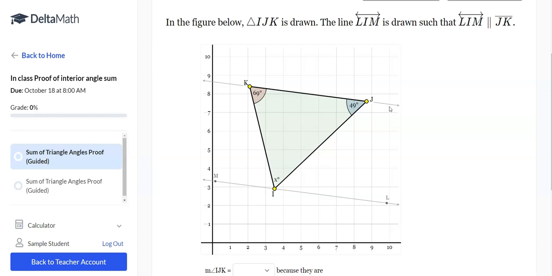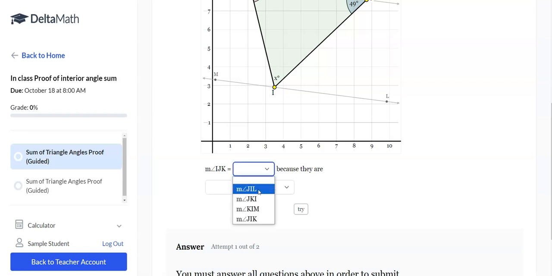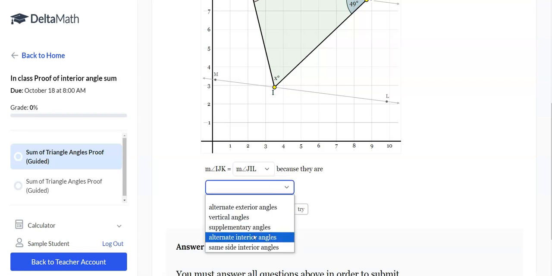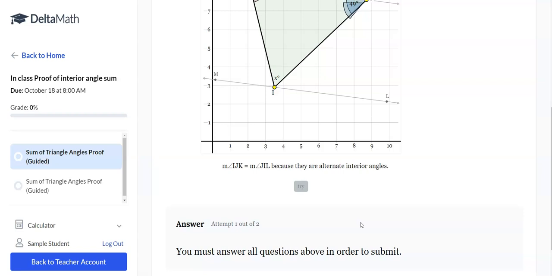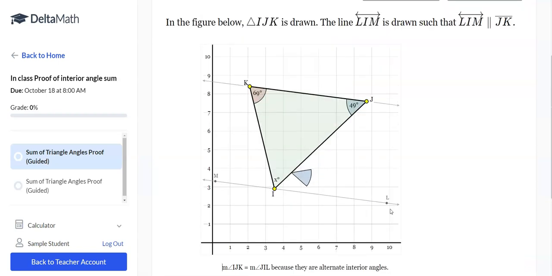Because JK, this line here, and ML, this line down here, are parallel, angle KJI and JIL are congruent because they're alternate interior angles. Okay, that's going to be a huge thing. We're going to see that a lot. Alternate interior angles. See how they took the angle we were looking at, flipped it around, and it filled in perfectly. Okay, so now we're going to look at the other side.